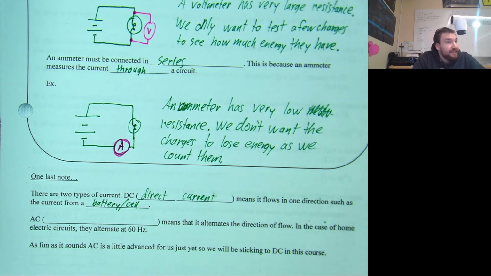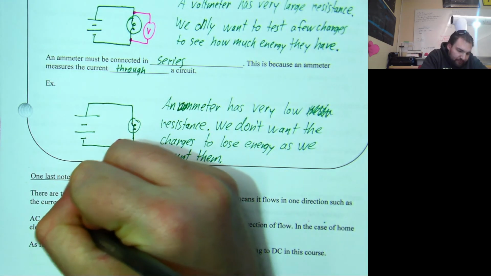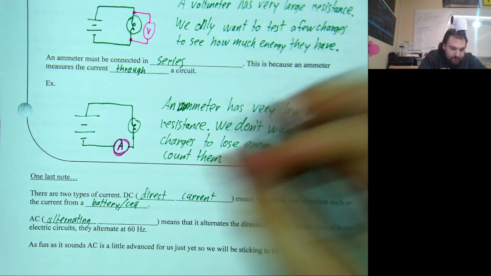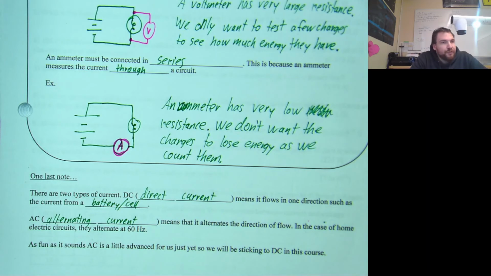And alternatively, you have AC current, which is called alternating current. And it alternates the flow of direction, and in the case of home electric circuits, it alternates at 60 hertz, so 60 times per second it changes direction. AC is more advanced than what we're going to be dealing with, so we're just going to ignore it.